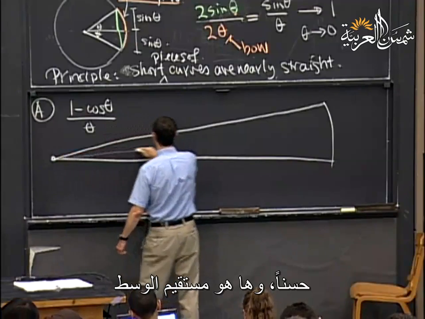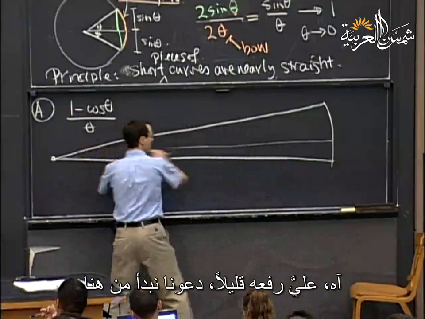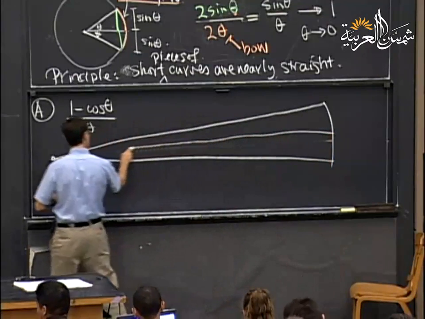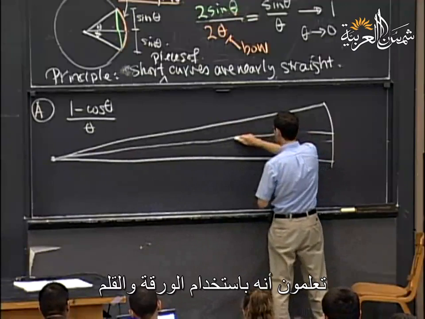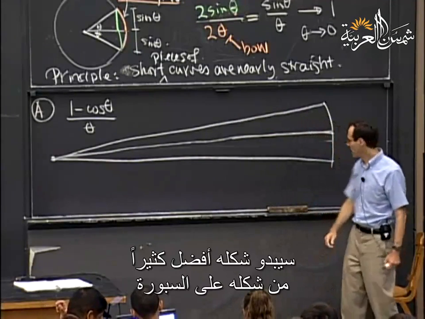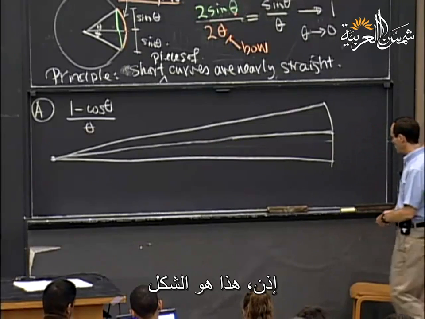And here was that middle line, which was the unit. Okay, I think I'm going to have to tilt it up. Okay, let's try from here. Well, on your pencil and paper, it'll look better than it does on my blackboard. Okay, so here we are. Here's this shape.